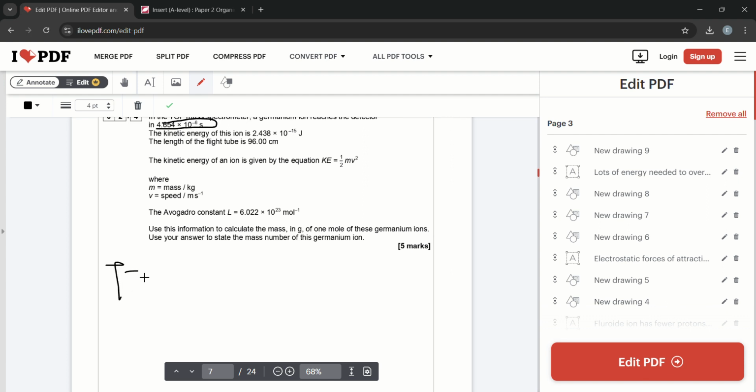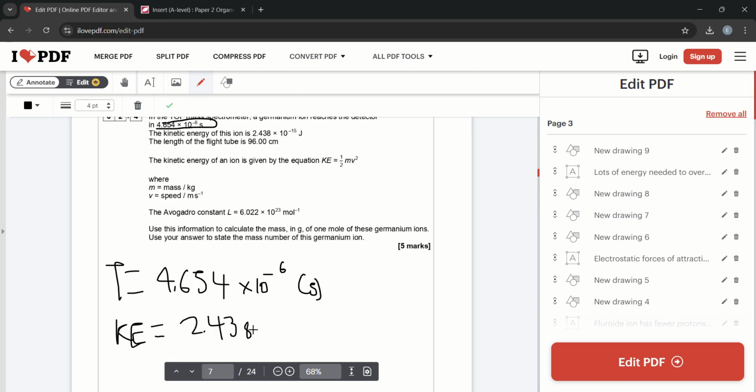The time equals 4.654 times 10 to the power minus 6 seconds. KE equals 2.438 times 10 to the power minus 15 joules.